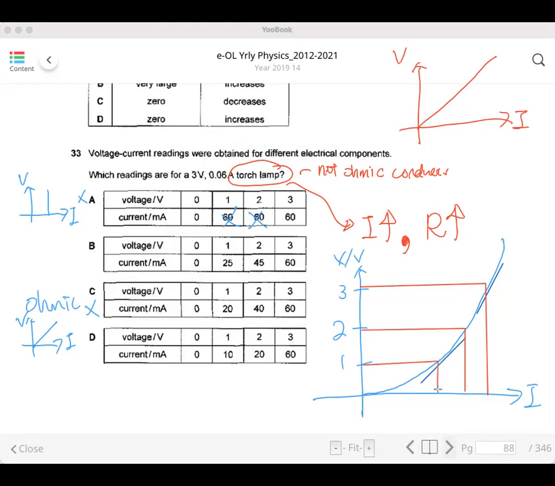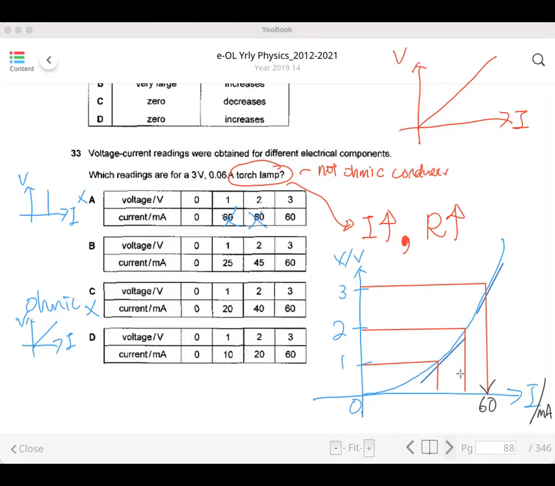So can you see over here? When it's 0, it will be 0. I use the unit milliampere. When it is 60, it is here. Can you see down here? When it's 1 volt, the value should be very high. 2 volt, even higher. So the gap here becomes smaller and smaller. That's how your gradient can increase.